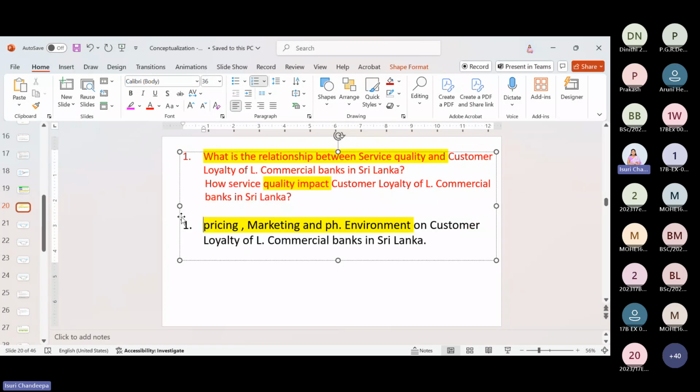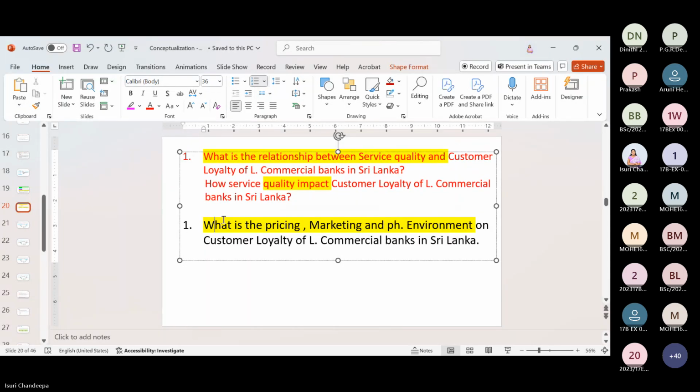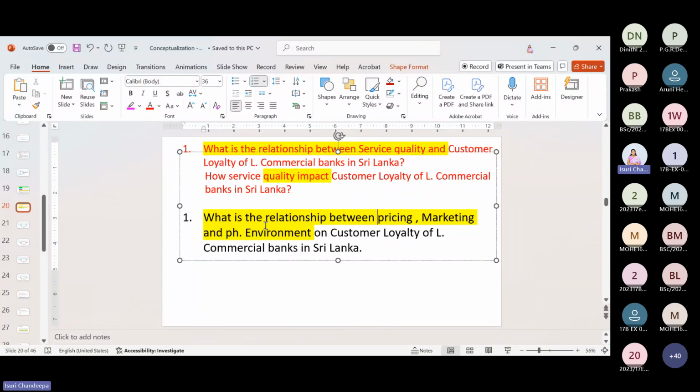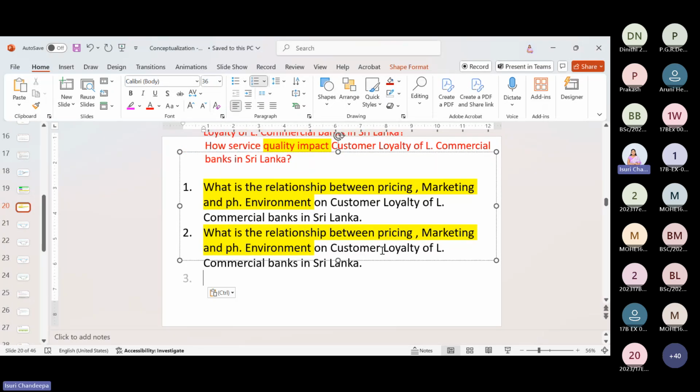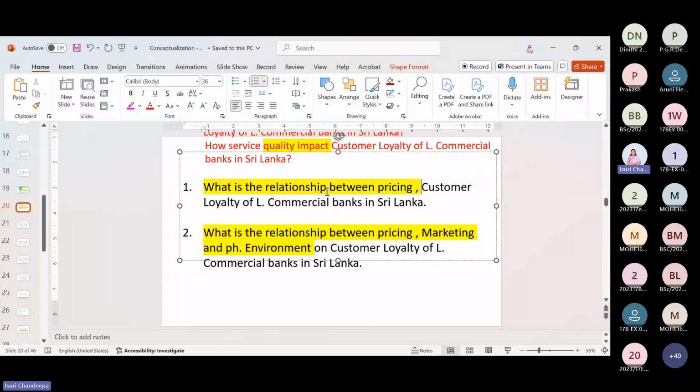So the same one: what is the relationship between pricing and customer loyalty of listed commercial banks in Sri Lanka?